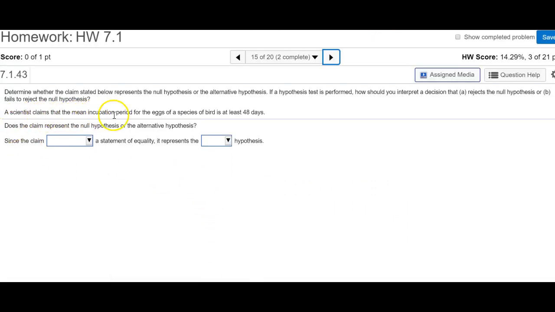Scientist claims that the mean incubation period for eggs of a species of bird is at least 48 days. So the scientist claims that the mean incubation is at least, that means greater than or equal to 48 days. This is my claim. Oops, what's happening with my pen? This is my claim. And I see that my claim is my H0.